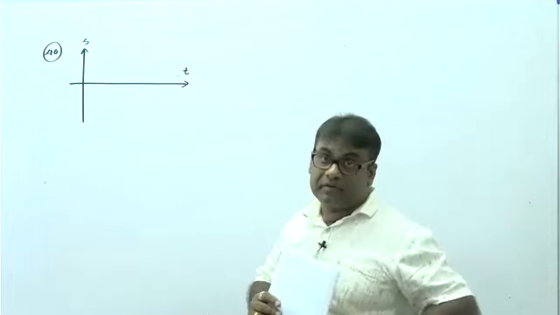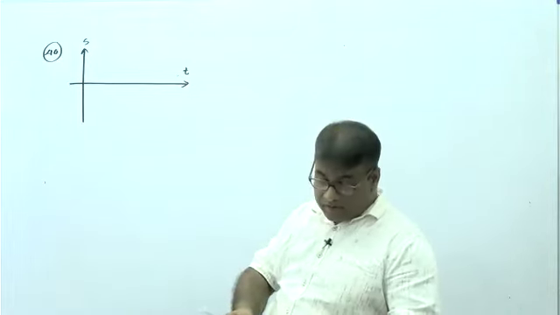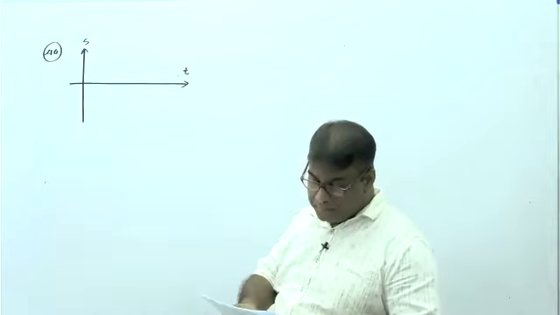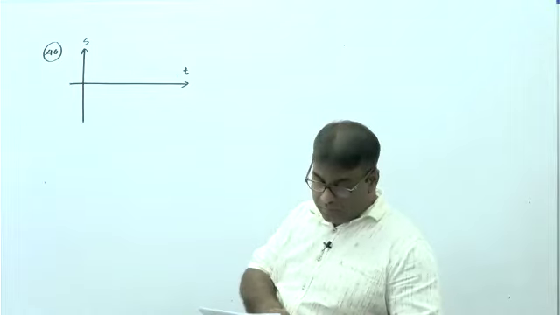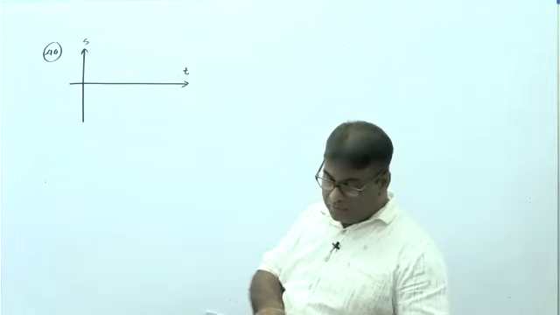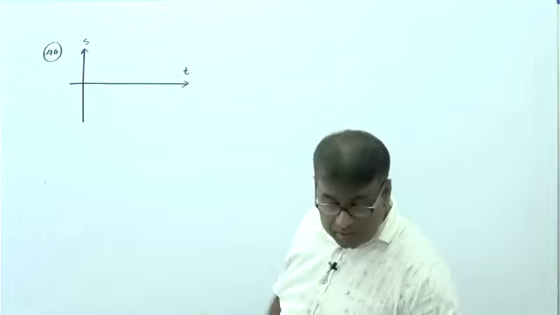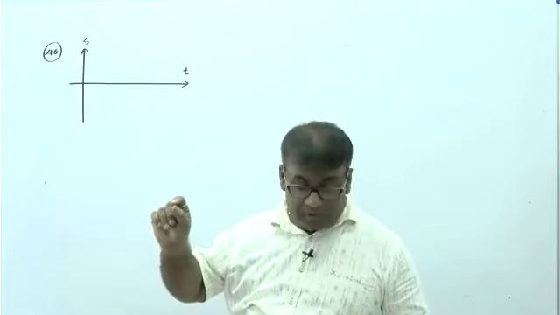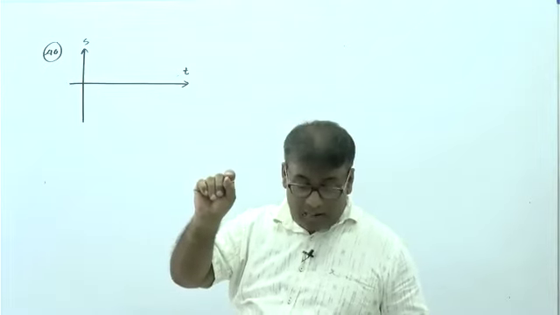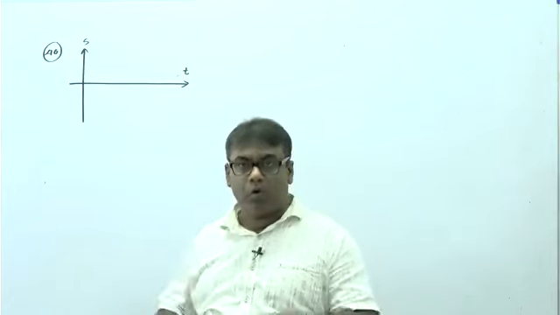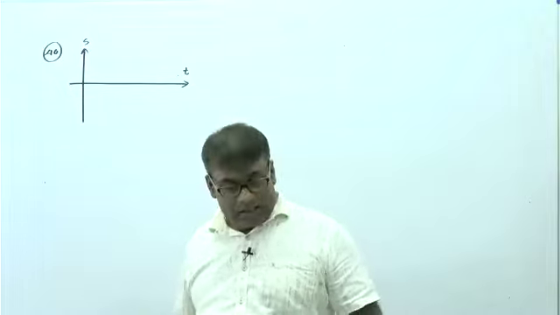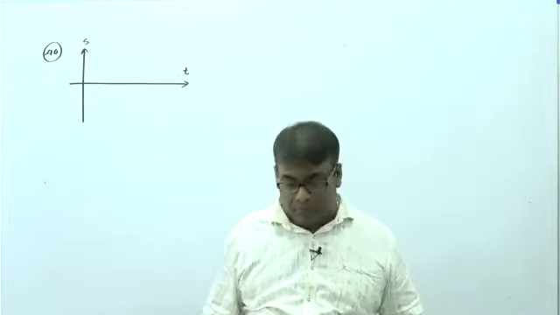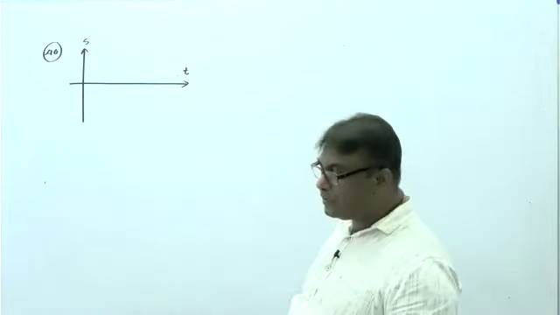Start from the center of oscillation, right? Draw the following graphs for an object executing simple harmonic motion. All the graphs start from the center of oscillation.